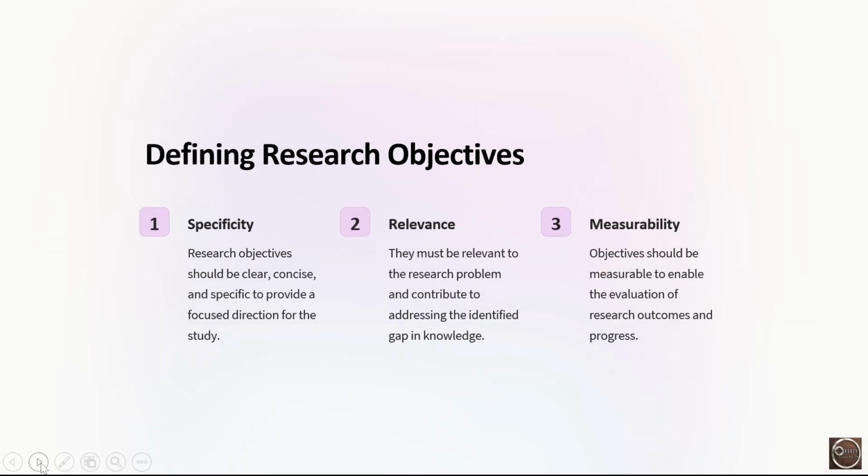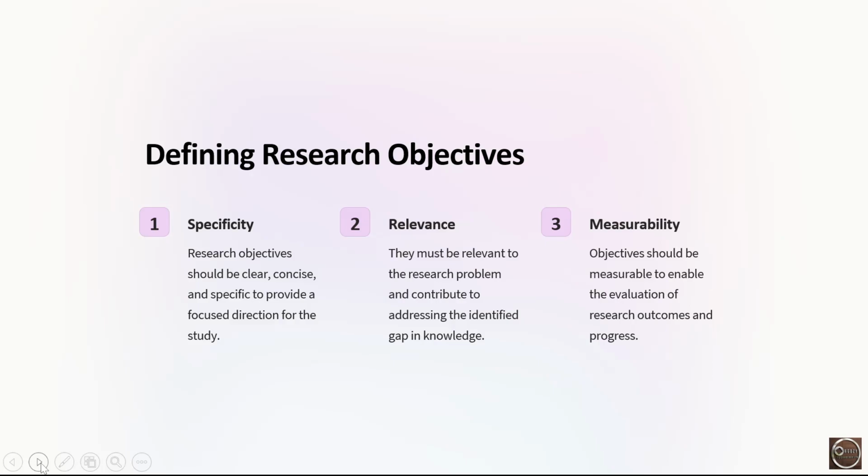Next, what are the key factors that we should look at when we are defining our research objectives? Number one, they should be specific. Specificity is key. Your research objectives should be clear, concise and specific so that they provide a focused direction for the study. Number two, your research objectives should be relevant.